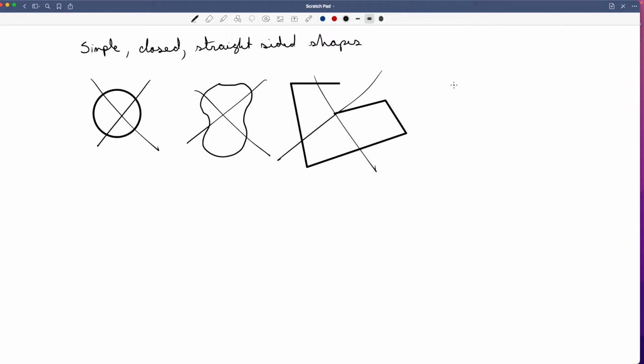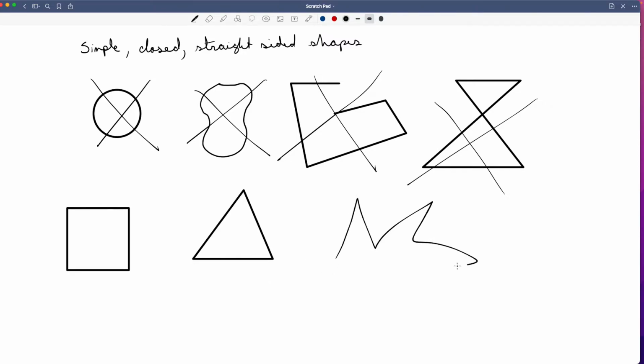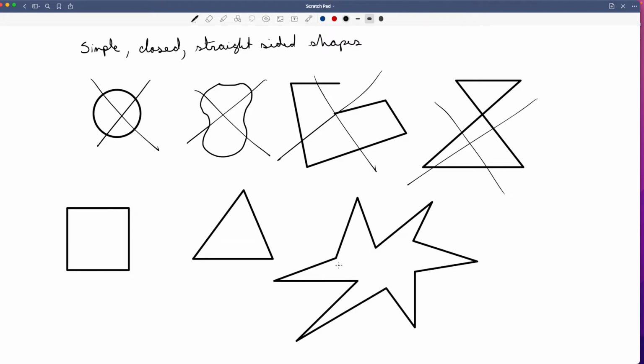Let's see, a shape like this, not a polygon. So what is a polygon? A square is a polygon, right? A triangle is a polygon. Some wackadoo shape that has straight sides all the way around, that is a polygon.